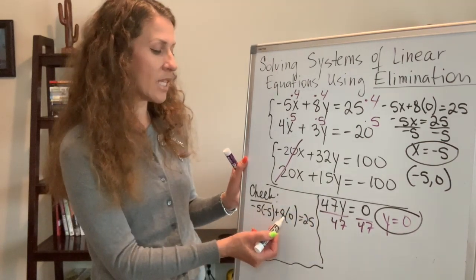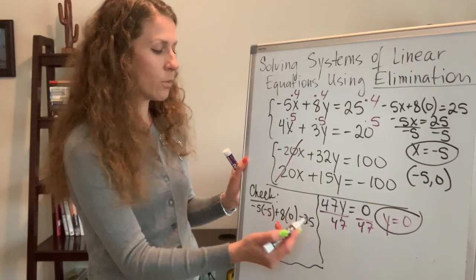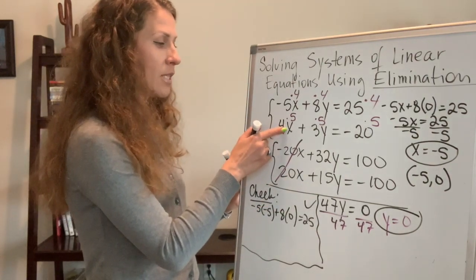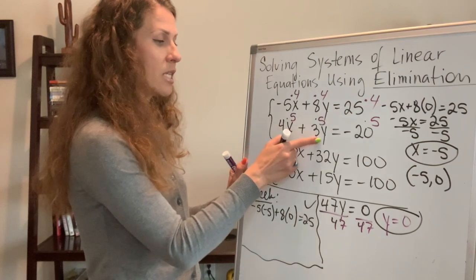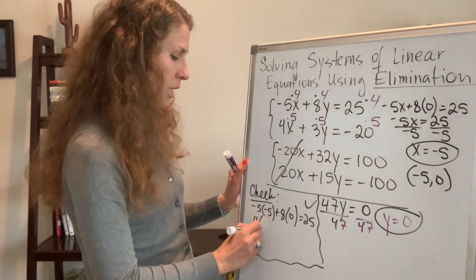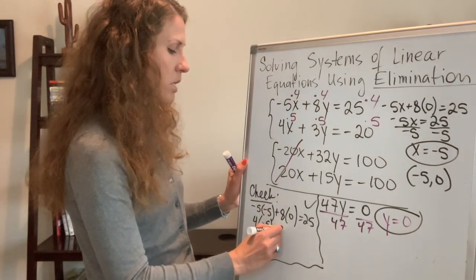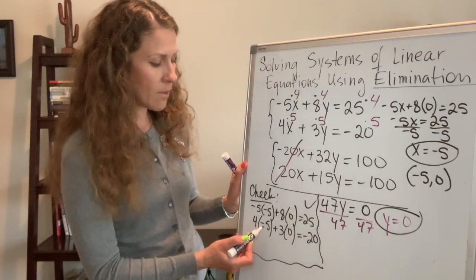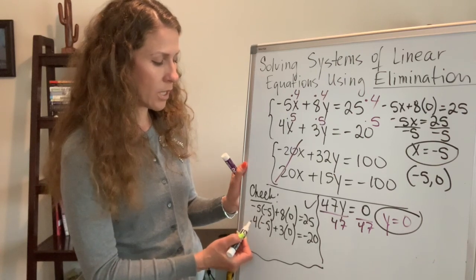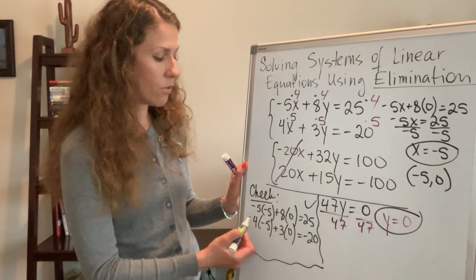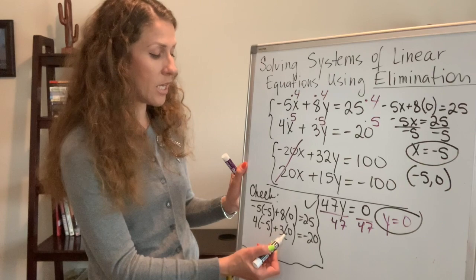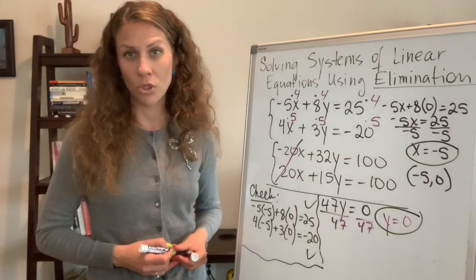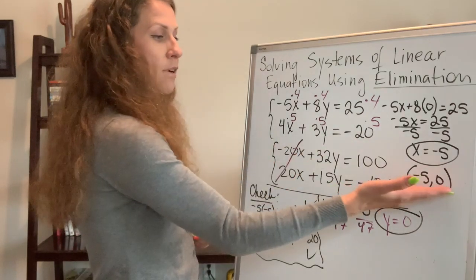So 25 plus 0, that's a 25 equals 25. This works. Now let's check the second equation. 4 times negative 5 plus 3 times 0 should equal to negative 20. 4 times negative 5 is negative 20. 3 times 0 is 0. Negative 20 plus 0 is negative 20 equals negative 20. This one also works. So the solution to our system is negative 5, 0.